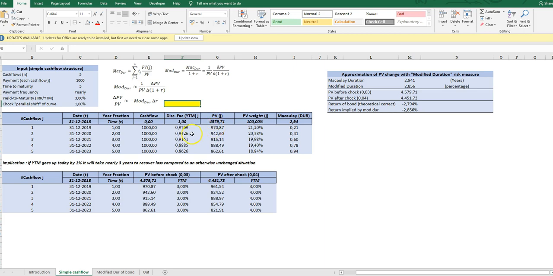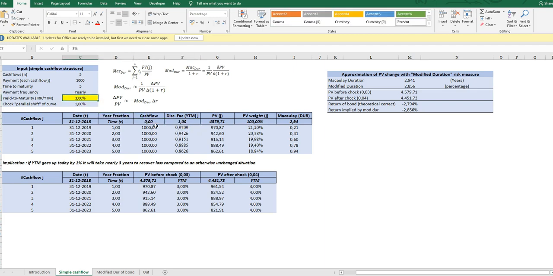Let's just start by calculating the Macaulay duration of this simple cash flow structure. 5 years, equally spaced, $1,000 expected to be paid to the investor on each date. We discount, as usual, all expected cash flows, and when we work with duration measures, it's always by the yield to maturity.